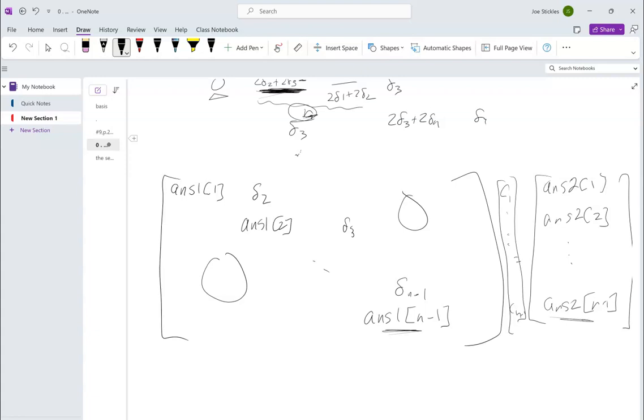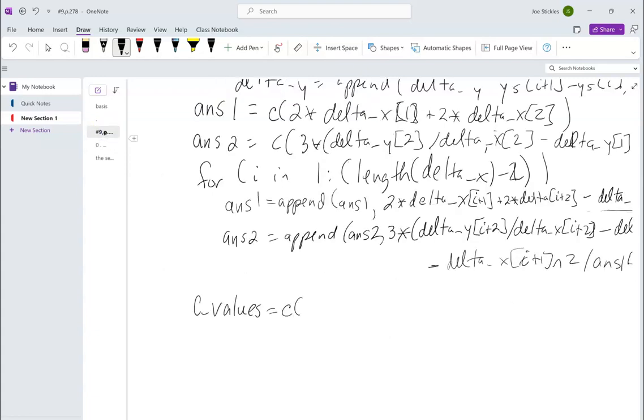This coefficient times the Cn minus 1 is equal to the constant. How do I solve for Cn minus 1? Just divide it across, don't we? Okay. So if I go back over here, we should be able to initialize this to answer 2 divided by answer 1.